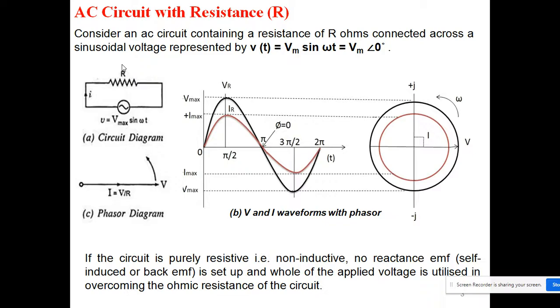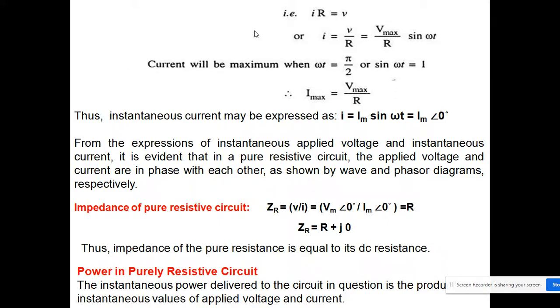It means I can write V is equal to IR. It is very simple, because we are talking about resistance, so it is a voltage current relation which I am using here.